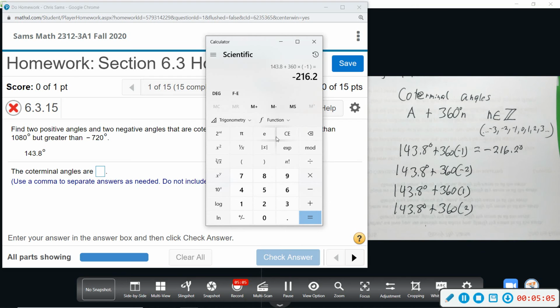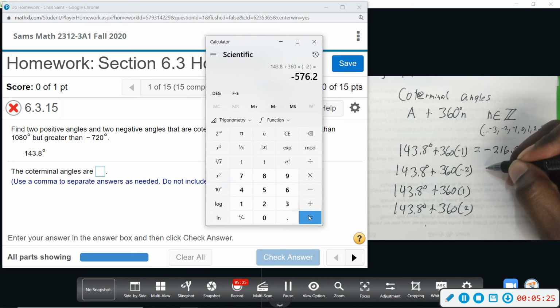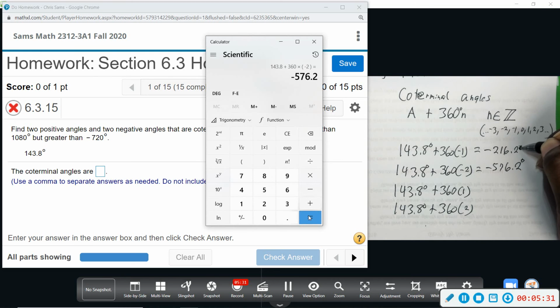All right, we're going to try it again. 143.8 plus 360 times, and then parentheses, the number 2, make it negative. That gives us negative 576.2 degrees.